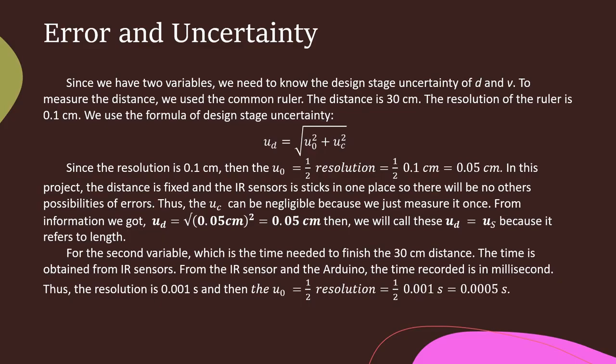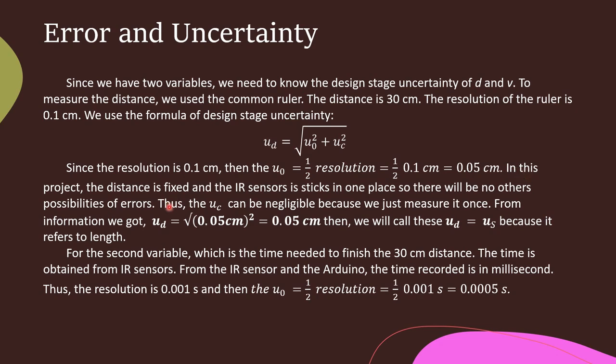Before doing an experiment, we need to determine the possible error and uncertainty. Since we have two variables, which are the distance and the time, we will have two possible errors that come from the distance and the time. The distance error comes from the resolution of the ruler, which is 0.1 centimeter, by the formula like this one.